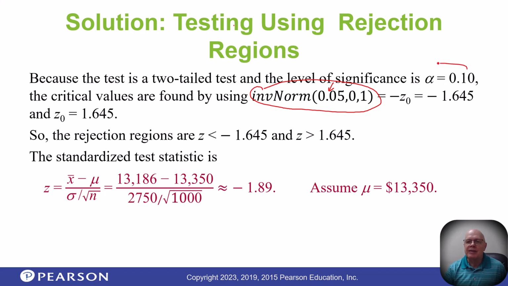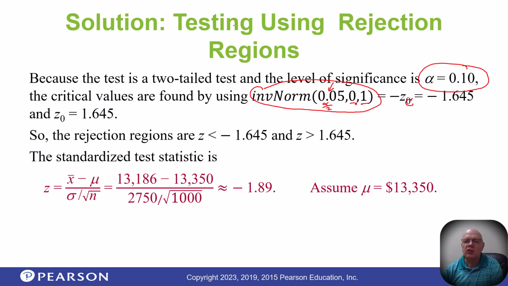Since our alpha was 0.10 and it's a two-tailed test, this needs to be alpha over 2. That's where we get the 0.05. And since we're using z's, 0 and 1 is important. So our critical value will be negative 1.645, and the positive one will be 1.645.